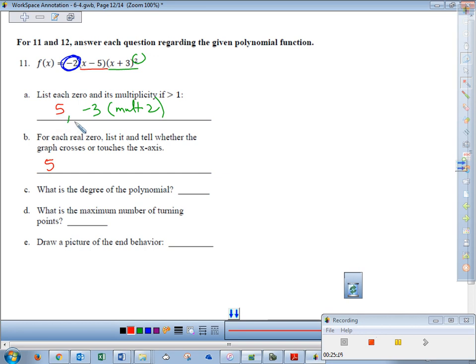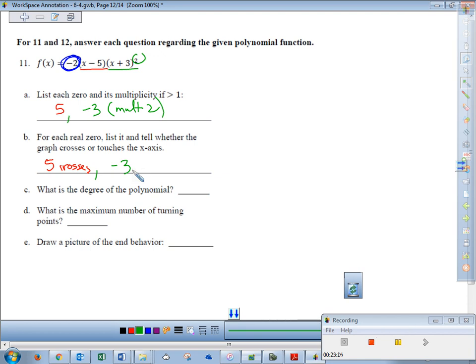Will 5 cross the x-axis or will it touch the x-axis if there's no multiplicity? It will cross. So 5 crosses. And now negative 3, you've got to be careful because even when there's multiplicity, they can cross the x-axis.